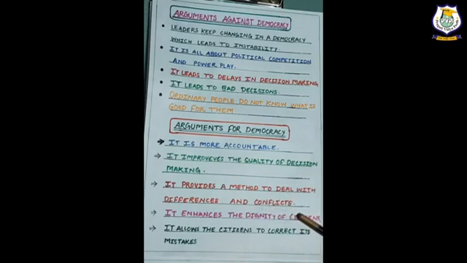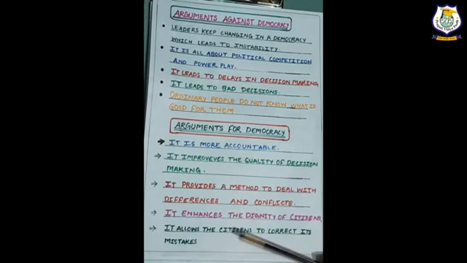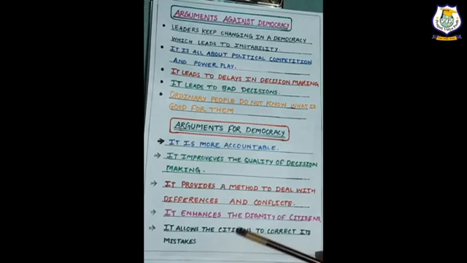If it is found, it is considered an offense. It allows citizens to correct their mistakes. This is also an attribute of democracy. If any person makes a mistake, there is a procedure through which the person or a political leader may correct their mistakes.